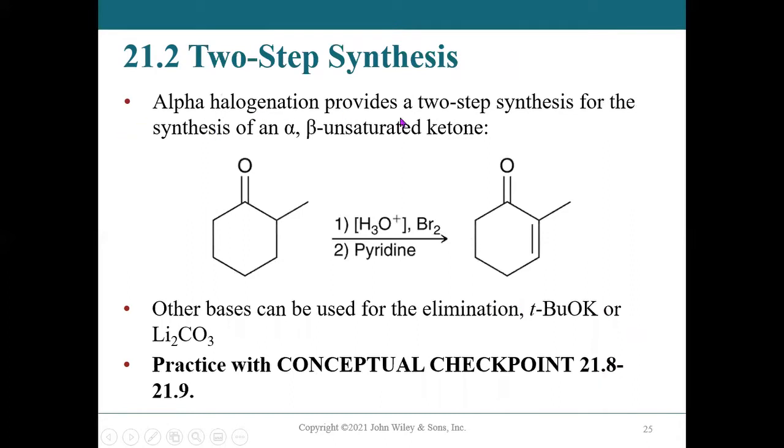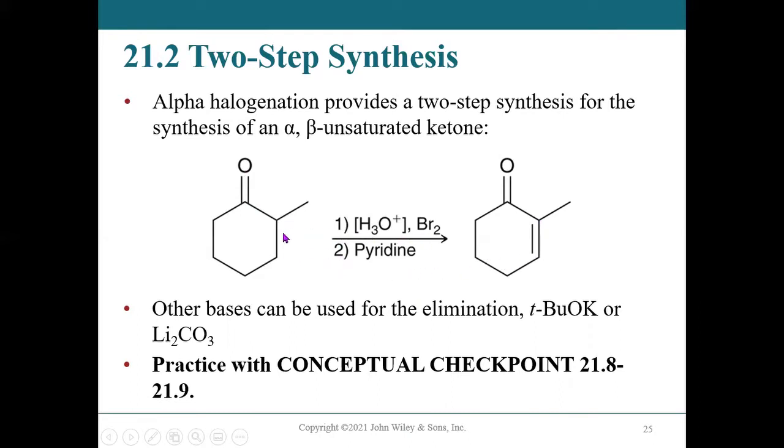Alpha halogenation provides a two-step synthesis of alpha-beta unsaturated ketones. So here is a ketone, and you want to produce this alpha-beta unsaturated ketone. You can do a two-step synthesis.